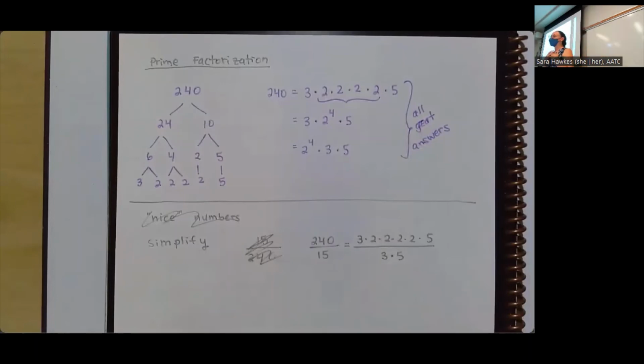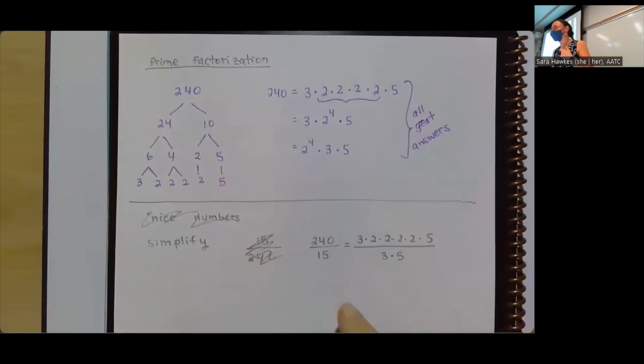I try to not use the word cancel because we actually mean 2 different things when we say cancel. Sometimes we mean the things equal 0 when you put them together, and other times we mean that it equals 1. And the reason for that is that our additive identity is 0 and our multiplicative identity is 1. Again, I'm using fancy vocabulary words, but I'm not going to cancel things.